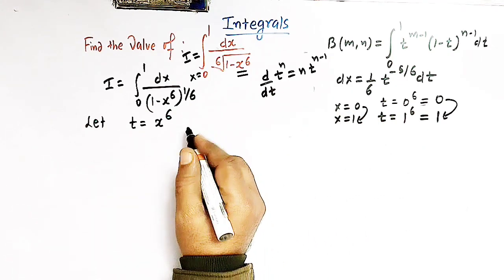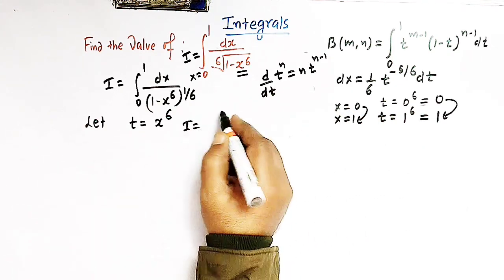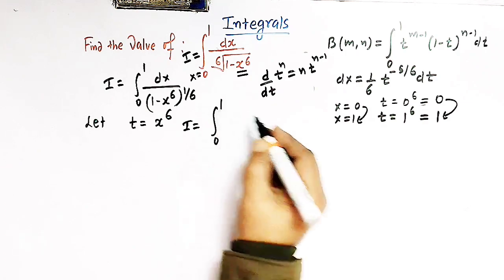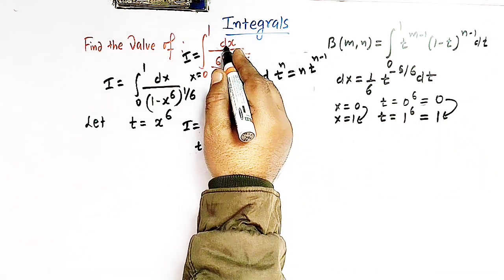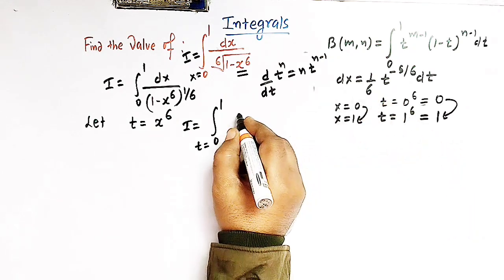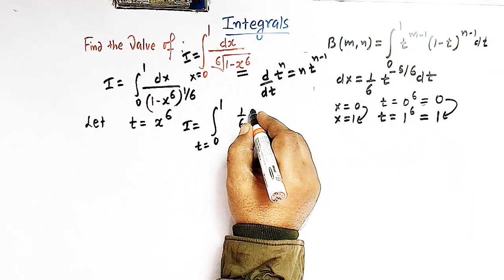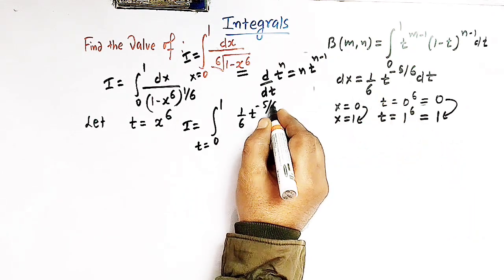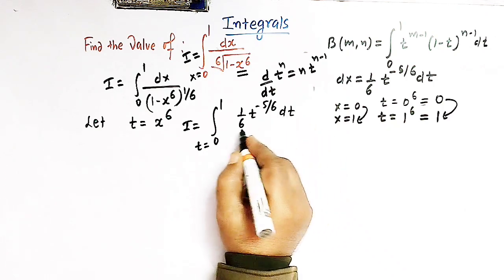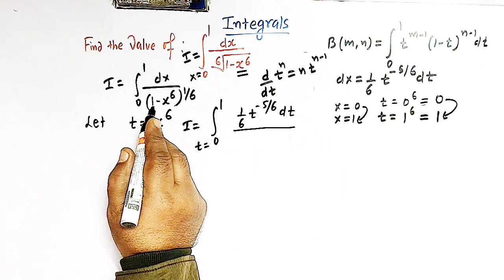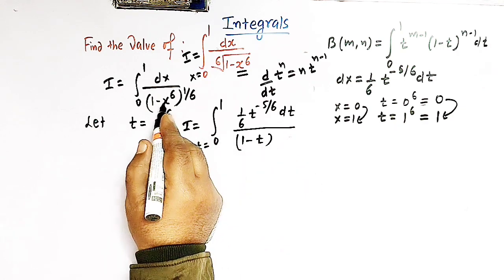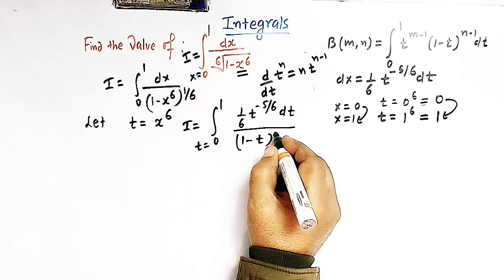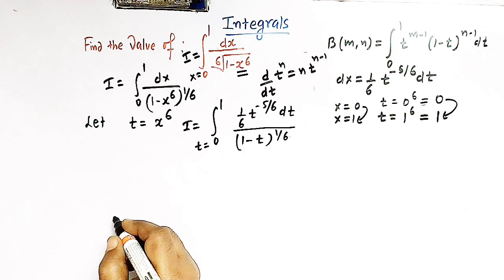So we can now write I is equal to integral from 0 to 1, because the limits remain the same, and for dx we can write 1 over 6 and t raised to minus 5 over 6 dt, and in the denominator we have 1 minus t, because x raised to 6 is t, and here we have 1 over 6, right?